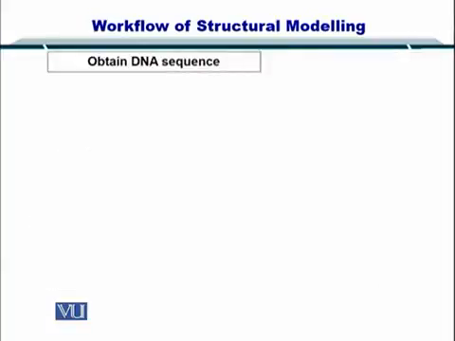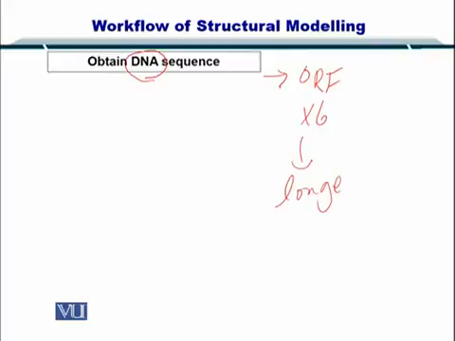So first of all, you need to start with finding the DNA sequence. Once you have the DNA sequence, then you can find the ORFs. As you know, there are 6 possible ORFs. And then you find the longest ORF, which is then used to translate the protein.